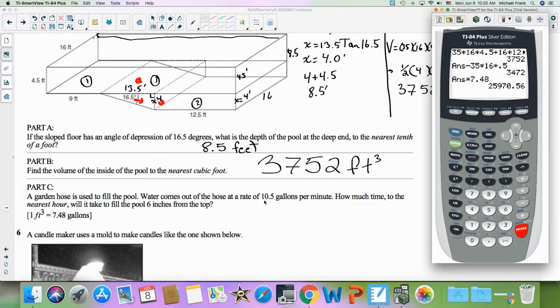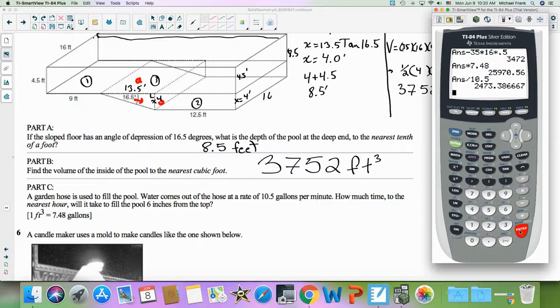And for each one of those gallons, it's going to take a minute. No, that's not true. For every 10 and a half of those, it's going to take a minute. Well, for every 10 and a half gallons, if it's going to take a minute, I'm going to divide this by 10.5. Right? I'm going to divide it. And I get my minutes right there.